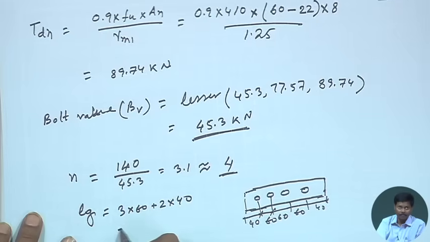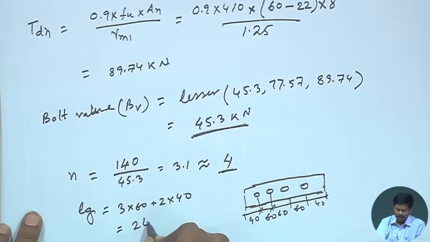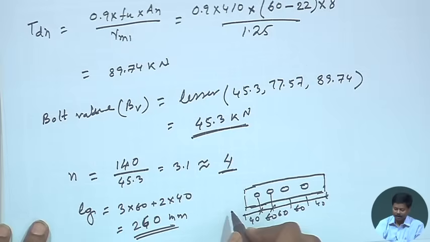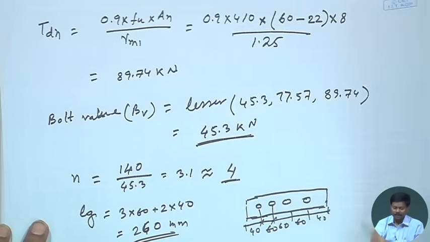So, that will become 260 mm, right. So, 260 mm length will be required along member OB. Similarly, I can find out the length required and the number of bolts required for member OC.